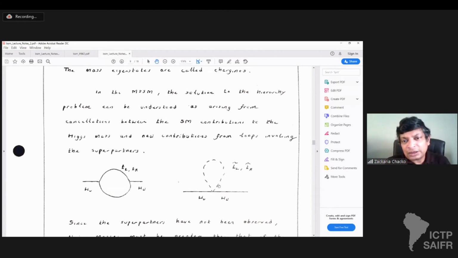But what happens when you give the scalars a mass is that the contribution to the mass doesn't cancel exactly anymore. And you get a quadratic divergence back, but that is now cut off at the mass of these scalars. To see that in detail, you actually have to work out the diagrams. It's not obvious.